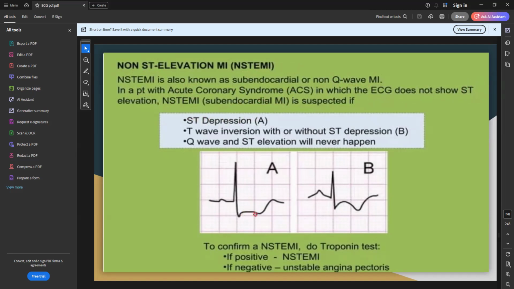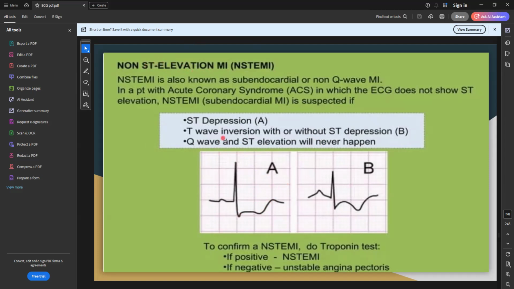Here you can see the ST depression. That is the horizontal ST depression. This is the horizontal ST segment, and this is the upsloping T wave. I will explain again when I explain about the T wave. The Q wave and the ST elevation will never happen in non-ST elevation MI.